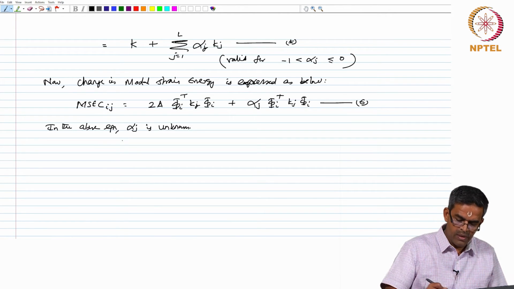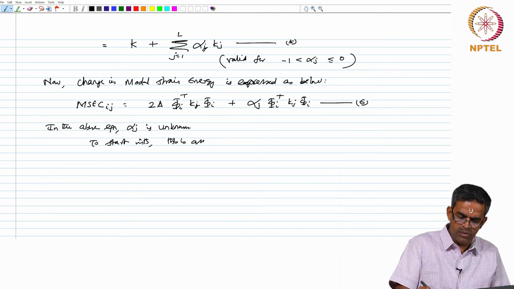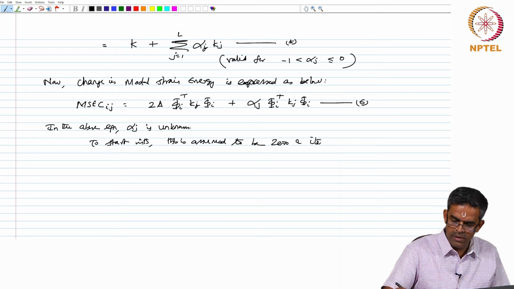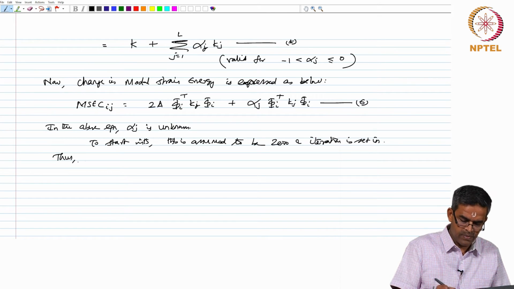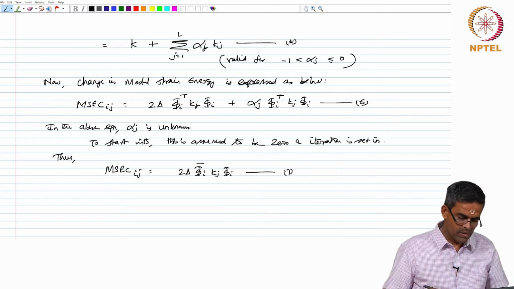Okay. To start with, this is assumed to be 0 and iteration is started. Thus, modal strain energy correction Ij is 2 delta phi I Kj phi I.